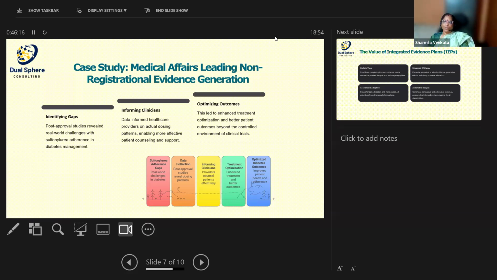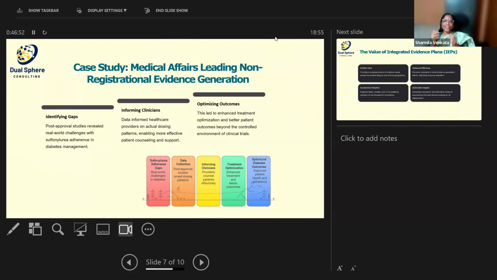Okay, so why am I telling you all this? This case highlights the power of real world evidence. It's not just about identifying problems, it's about providing actionable insights that directly change how care is delivered. Without this feedback loop from real world use, important gaps in care might remain hidden.